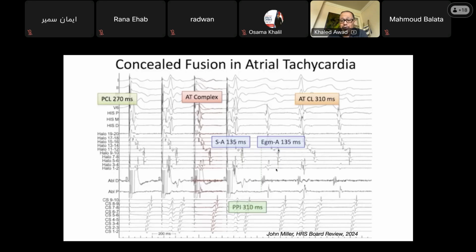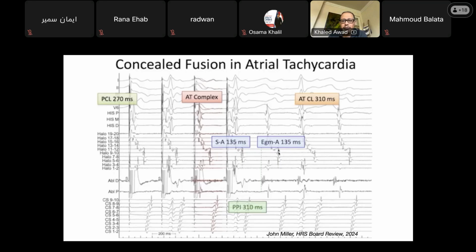Well, how do we know that we're actually not in a side loop, that we're not just close to the tachycardia site of origin, but that we're right in it? We look also at the stim to A. The stim to A, from the pacing site to any reference electrogram, he took this reference electrogram here on the halo, and that interval measurement was 135 milliseconds.